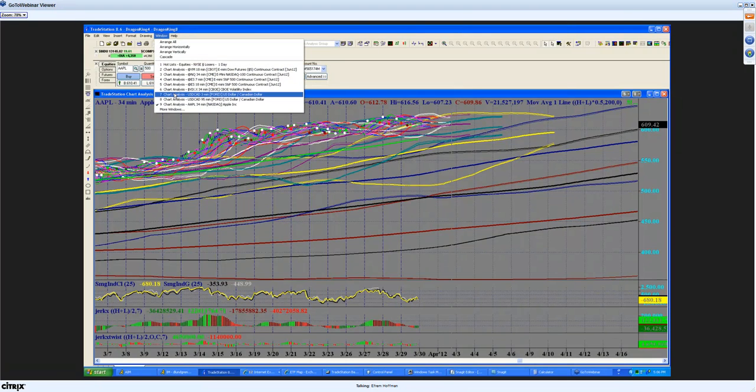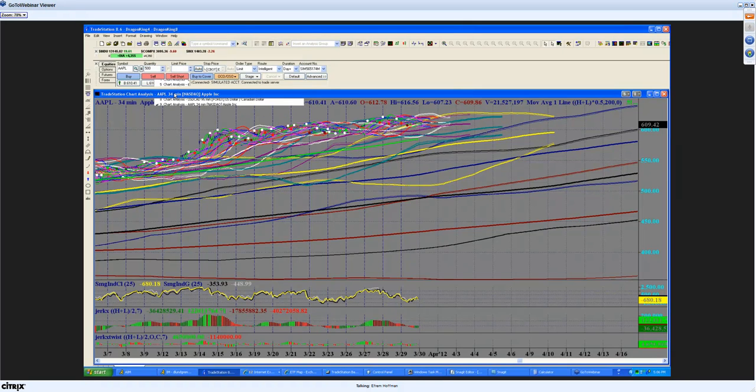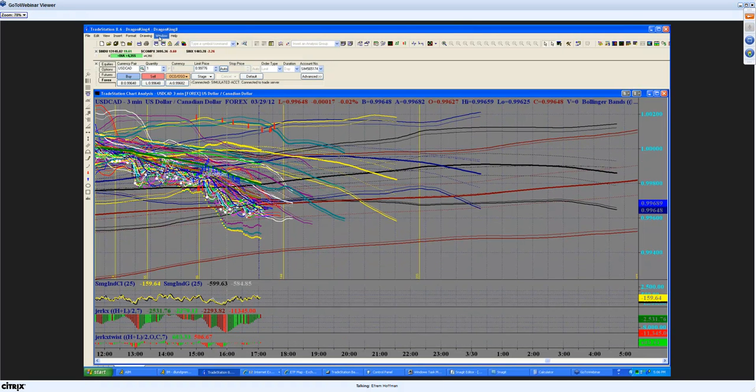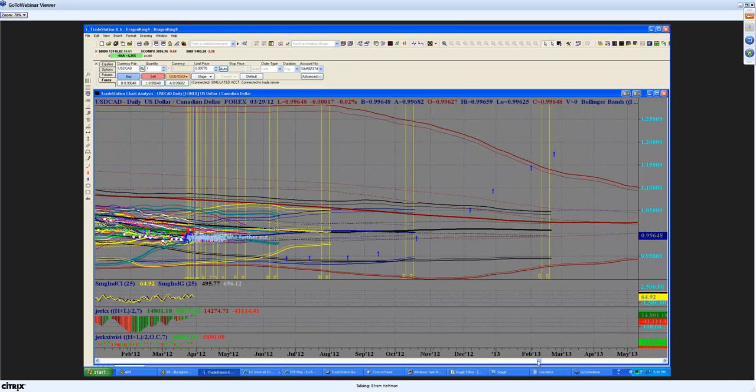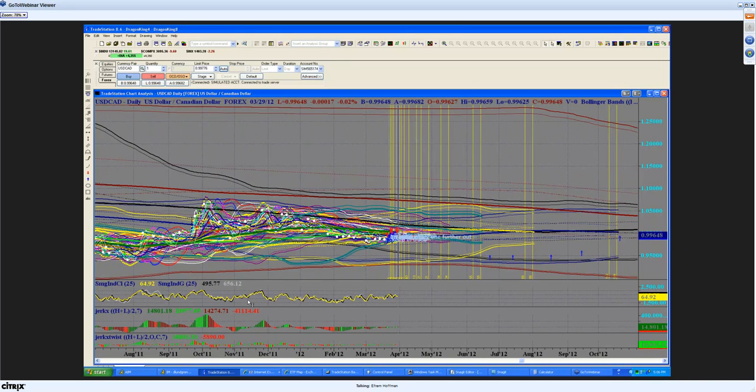The last thing that I'd like to focus on, and we are pushing into our 35-minute time period here, is the U.S. dollar, Canadian dollar. I'm going to go to a daily chart of the U.S. Canadian dollar and briefly talk about it. We've been in an up move over here, as I talked about last week.